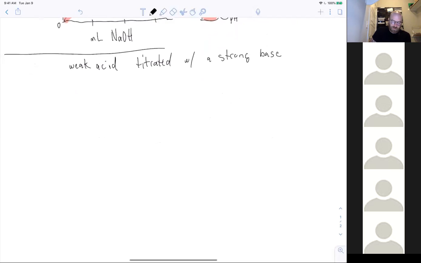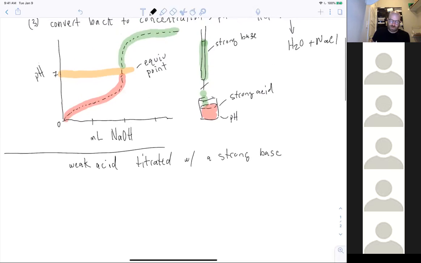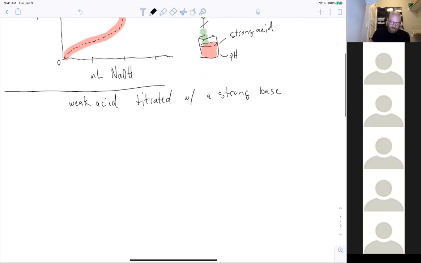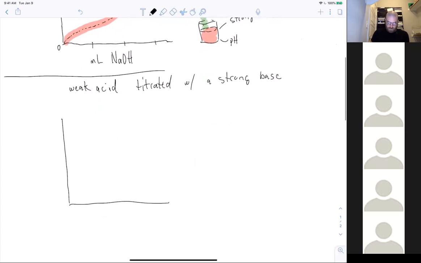And so we can start out doing a comparison of the pH curve. Again, you start out doing the same plot. You're plotting pH as a function of milliliters of sodium hydroxide that we've added.